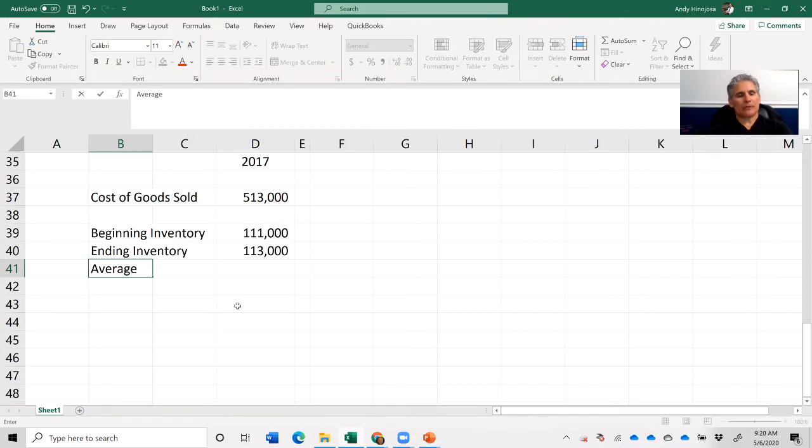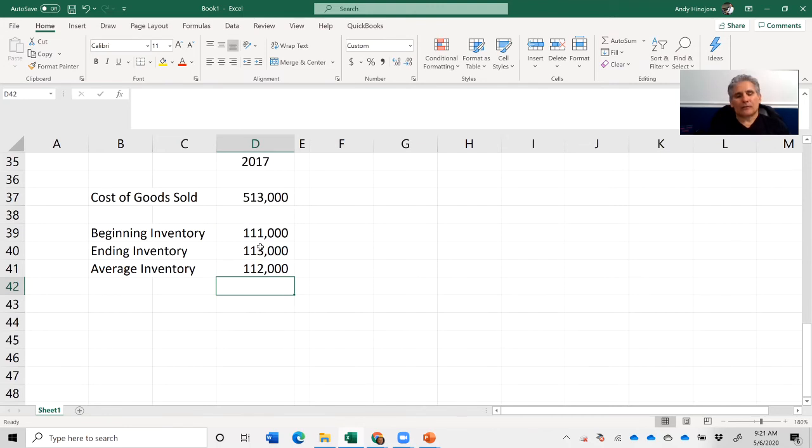And now we can compute the average inventory. We'll take the beginning, and we're going to add to that the ending. We'll do that first. That's why I'm putting the formula here, and you can see they're in brackets. So we're going to add these two together first. Whatever the result is, we're then going to divide that by 2.